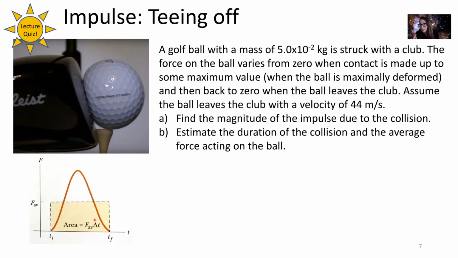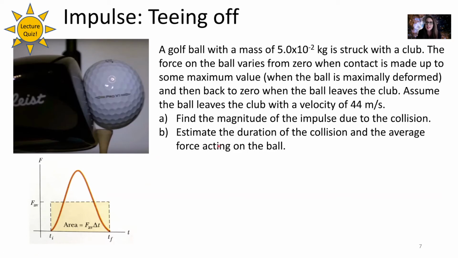So the magnitude of the impulse during the collision is also the same thing as the change in momentum. You know the mass and you know the speed at which the ball is leaving the club, you can find the momentum, because we're going to assume it starts from rest. You can find the impulse by finding the change in momentum.